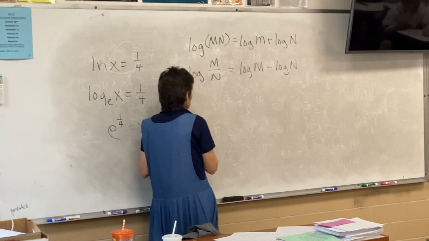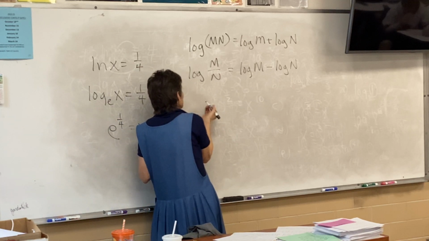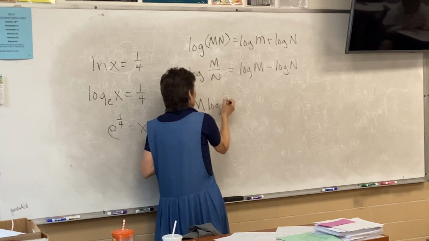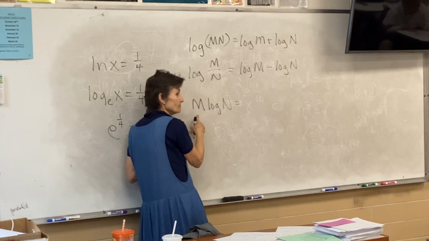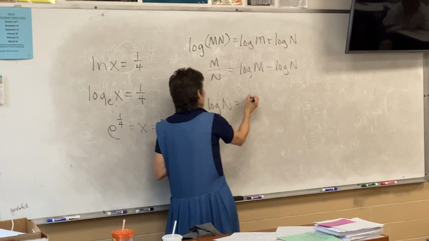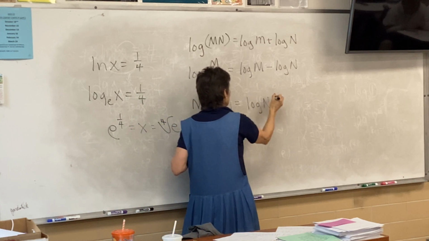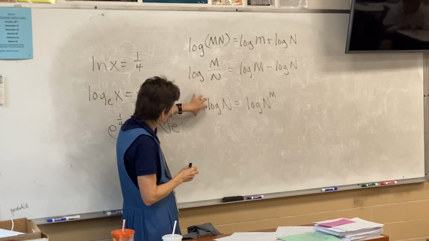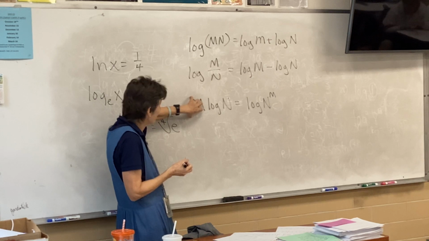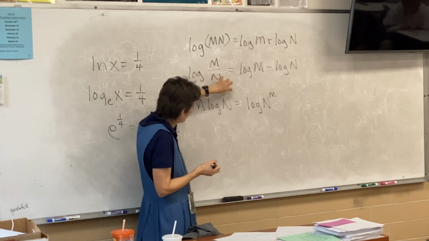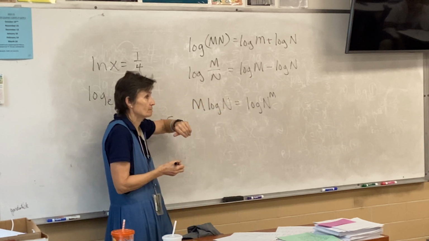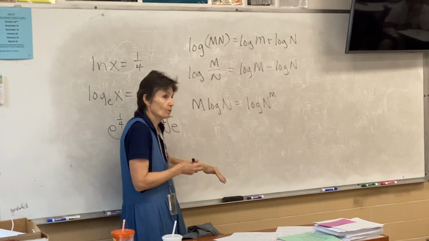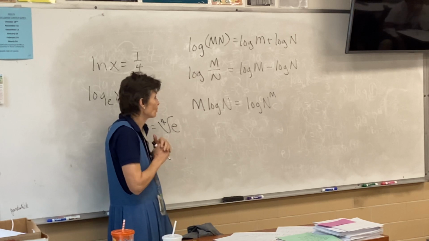And then the last rule says that if you have a number out in front of a logarithm, you can pull that number off and make it an exponent. So if you have a coefficient, a multiplication thing out here, you can pull it off and make it an exponent. These are our rules. We're going to practice some problems with them now.